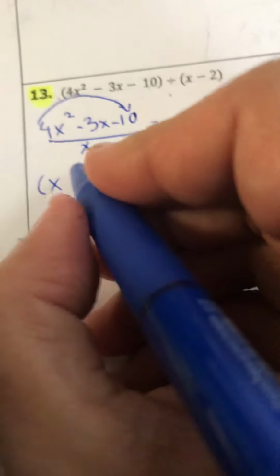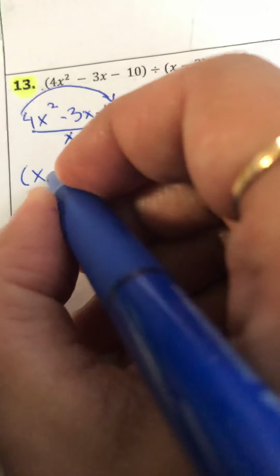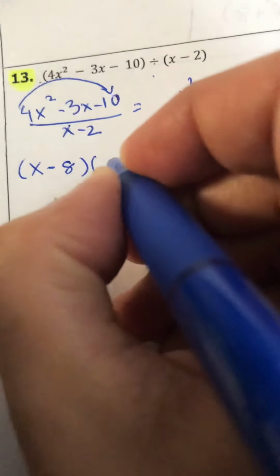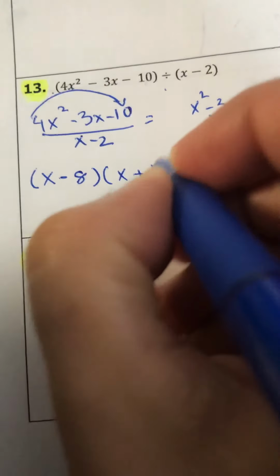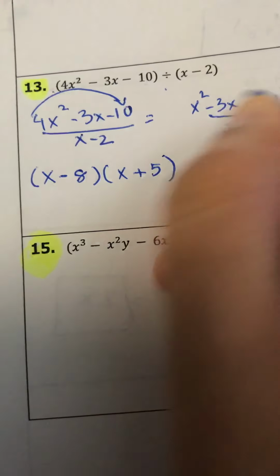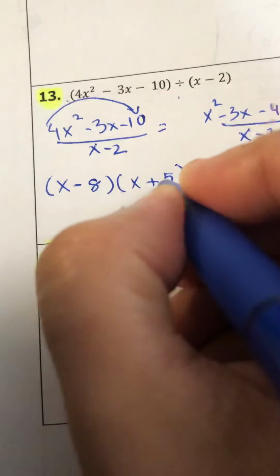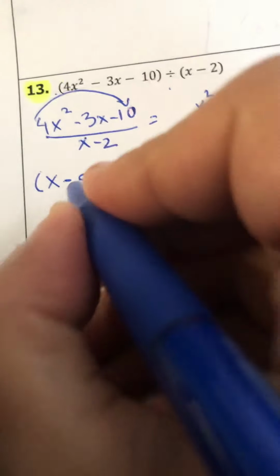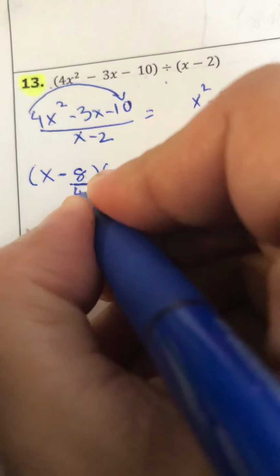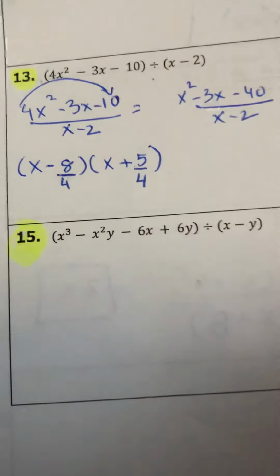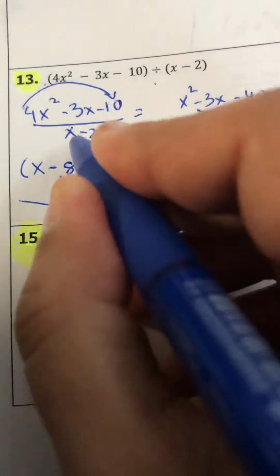So the two factors would be x, I need a negative, so minus 8, and x plus 5. 8 times 5 is 40, negative 8 times 5 is negative 40, and this plus this gives me negative 3. Make sure to divide by 4. Okay? Whole divided by x minus 2.